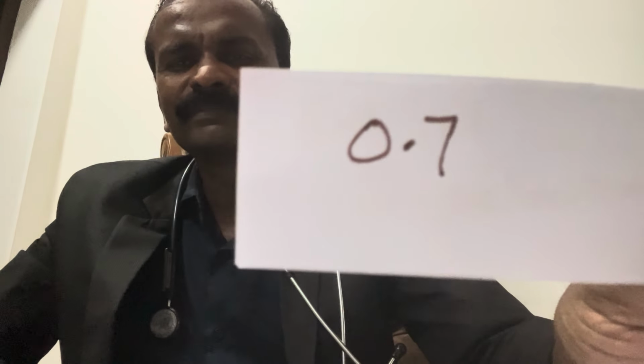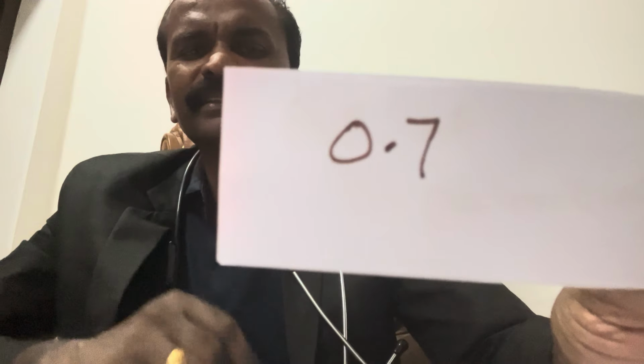This question. What is point 7? This is how we should prepare for NEET. Ulta preparation. If you see point 7, you should know this one. You should study like that. 0.7. What is the question?